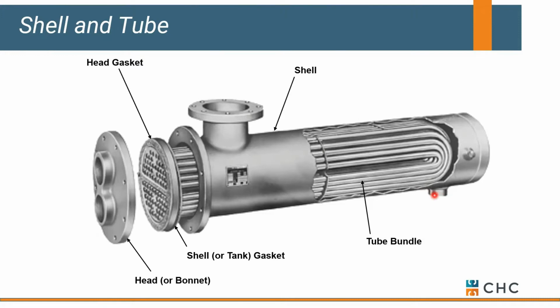Steam changes volume roughly 1,700 times when it goes from a vapor to a liquid, or steam to condensate, and the connections here help to force that. So this is a good example of a steam to water heat exchanger. Now, I know we don't do a lot of steam these days, so this might be a bit of a trick question if you're not used to seeing a steam application.